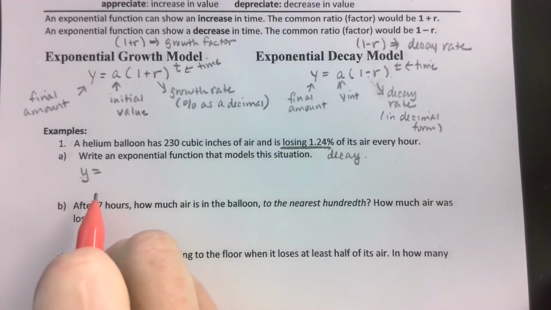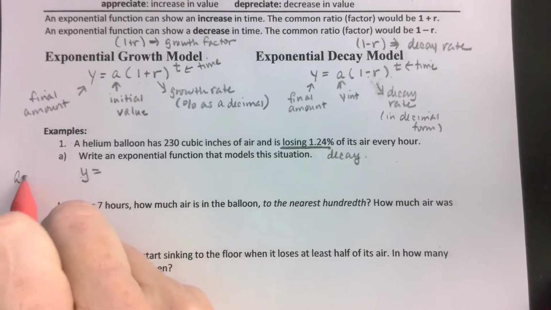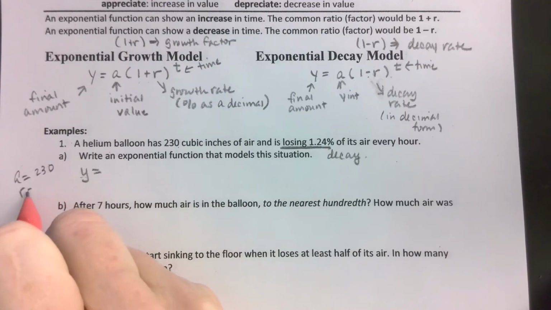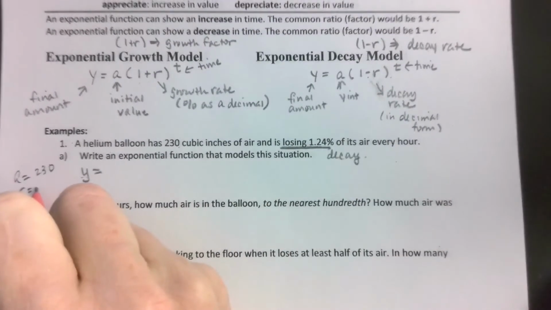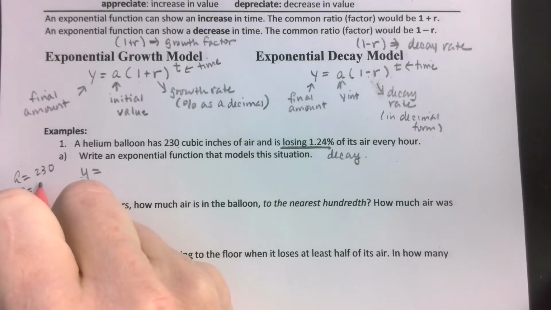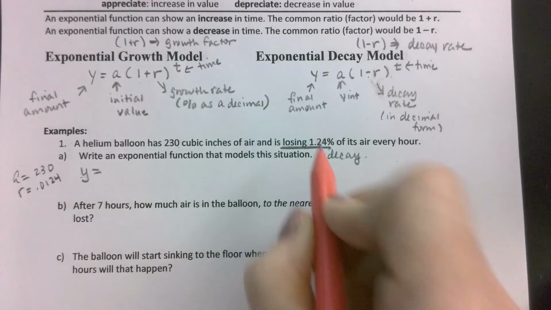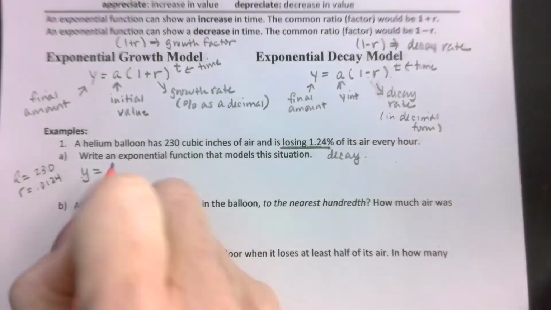So we have y equals, we know that our a value, our initial value, is 230 cubic inches. Our r is 1.24% as a decimal, so that's going to be 0.0124. Move your decimal 2 places to the left. We can substitute it into the formula here.